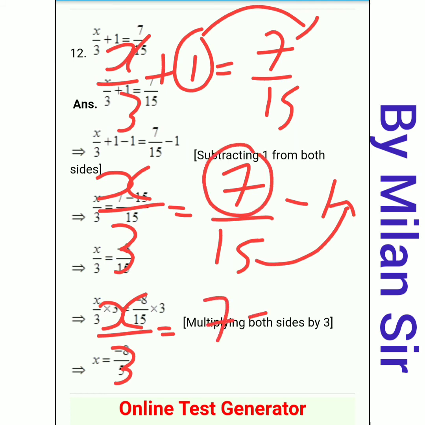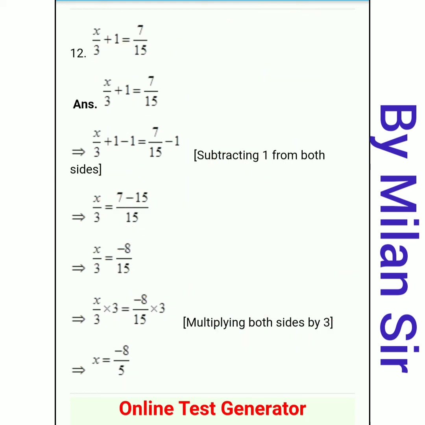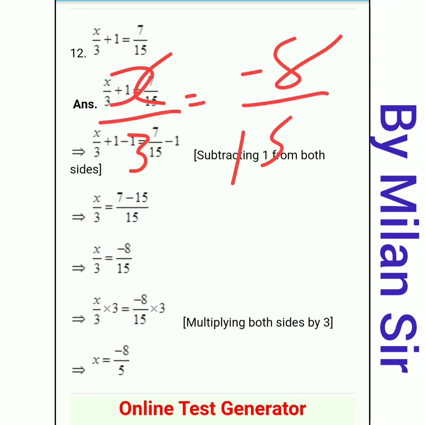Then we need to multiply this 15 with this 1. So 15 ones are 15, divided by 15, that means in the denominator 15 as it is. Now in the numerator, plus minus minus, 15 minus 7, it is 8. The bigger number's sign is minus, right? So minus 8. That means we get x by 3 is equal to minus 8 by 15.